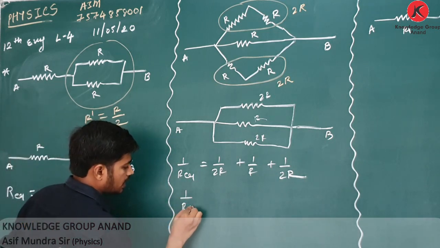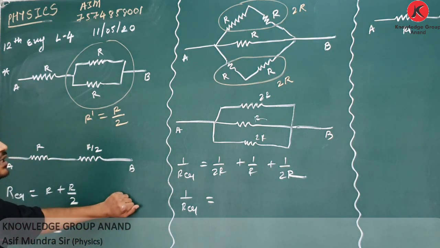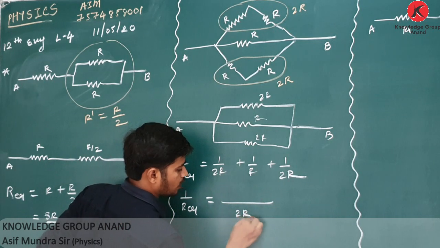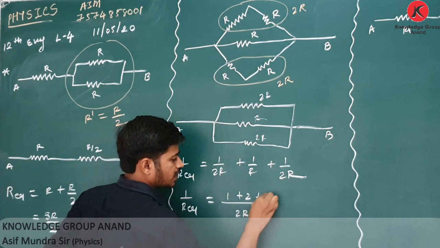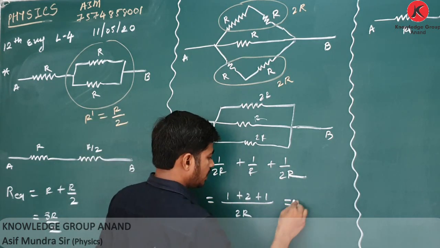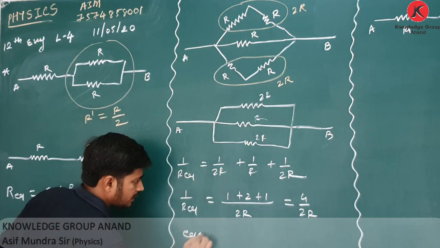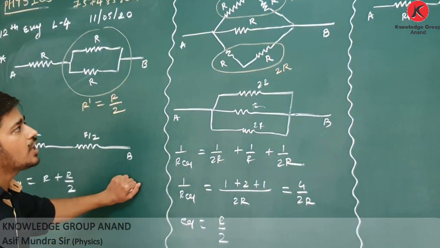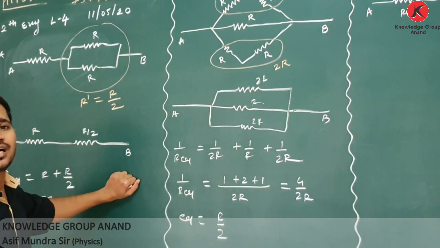Take LCM 2R. So here it is 1 plus 2 plus 1, which is 4 upon 2R. Then R equivalent is equal to R by 2. Clear? So yes, it is your answer.